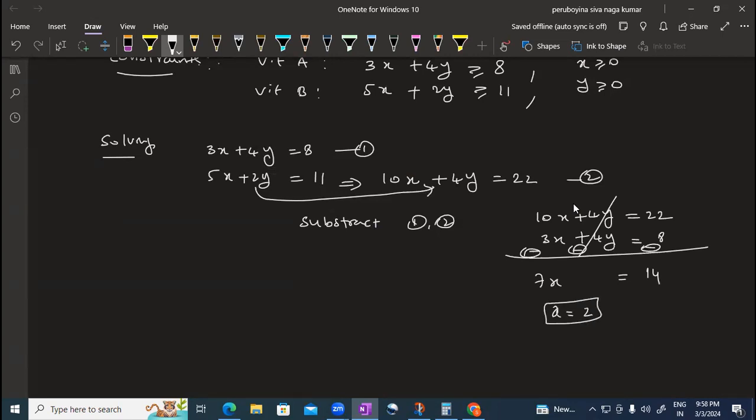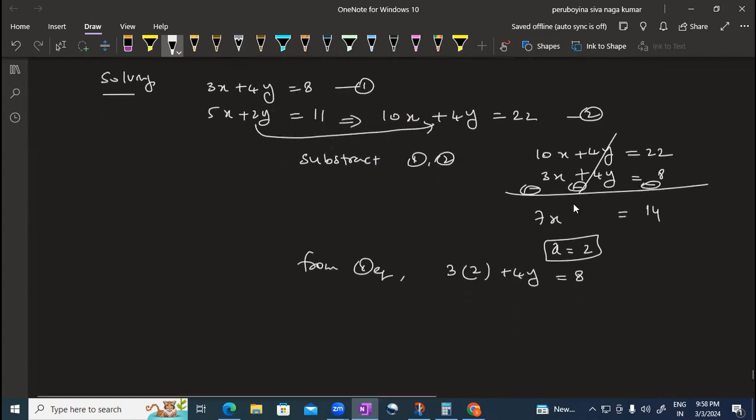If x is 2, from the first equation, 3 into 2 plus 4 into y is equal to 8. 4y is equal to 8 minus 6, which is 2, and y is 2 by 4, which is 1 by 2. So while solving, I got (2, 1/2) as the point of intersection of these two lines.